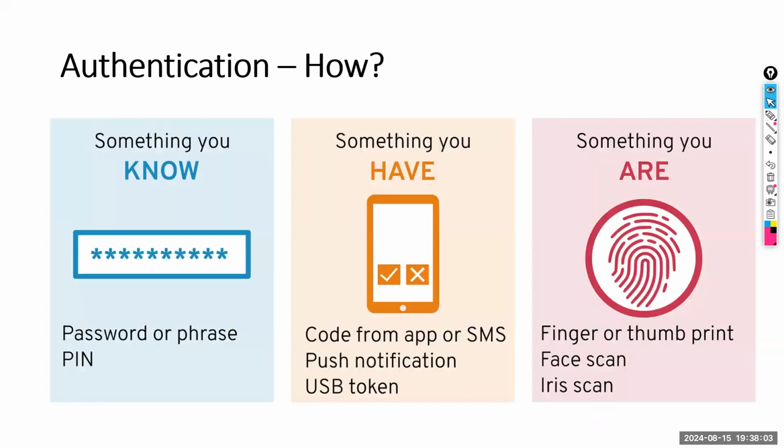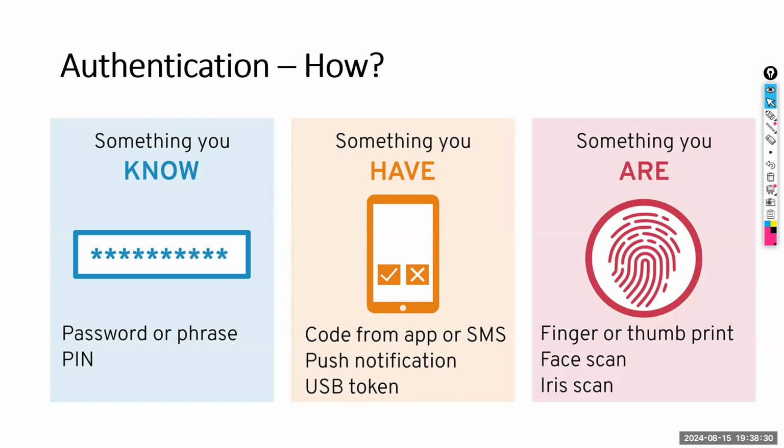So there are three ways you can authenticate: something the user knows, something the user has, or something the user is. Something you know is basically a password, PIN number, or security question. Something you have is like your card, RSA token, even a mobile phone.